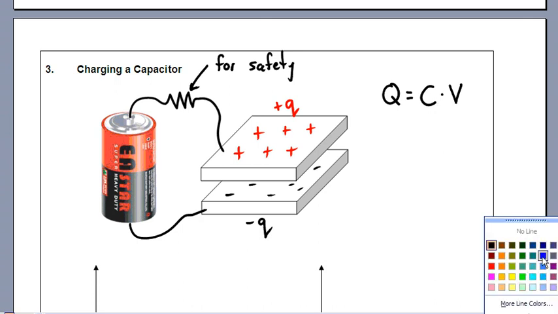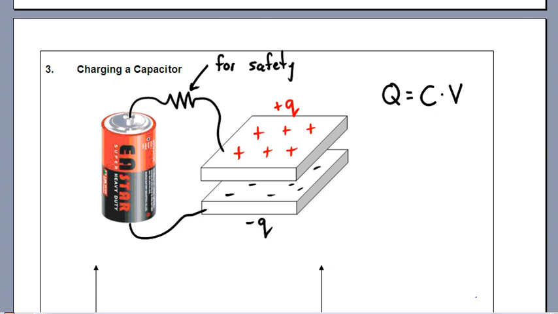The other thing that I can see is it does depend on the voltage of the battery, right? So you go to the store, you buy yourself a battery, and that battery is what's required to push that charge onto that plate, because it does not want to go, even when the plates are close to each other. They still don't really want to have all those charges go to one side, to one plate. But if you've got a good battery, you can push them there.